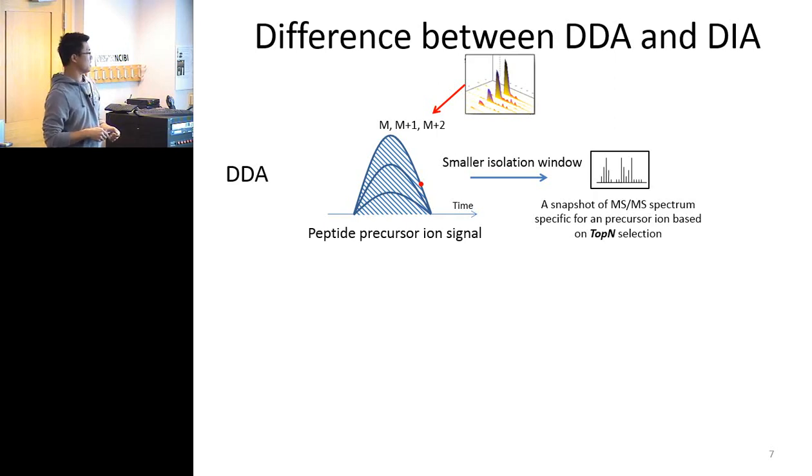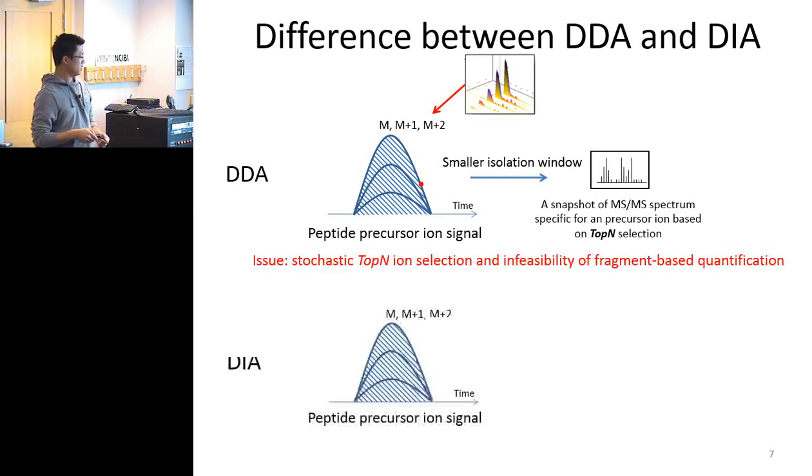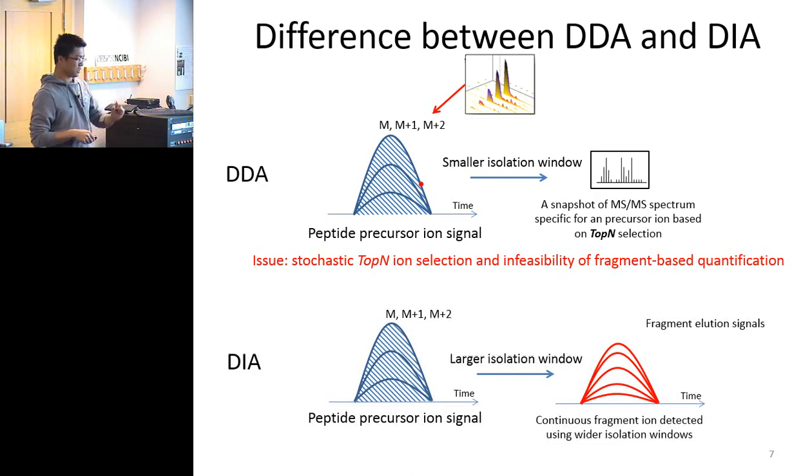But in data independent, because we use the wider isolation window across the whole retention time using the standard isolation window, you can acquire the fragment signal. It's like the MS1 signal, so you can also acquire the peak shape, the elution profile, for all the fragments.